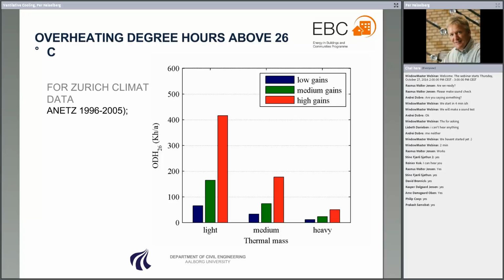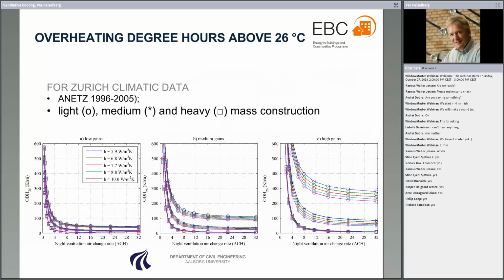Then another important example which is shown by these figures is how much air is actually needed to ensure an efficient night cooling. So on the figures here you can see the number of hours above 26 degrees in the space, as a function of the air change rate during nighttime ventilation.